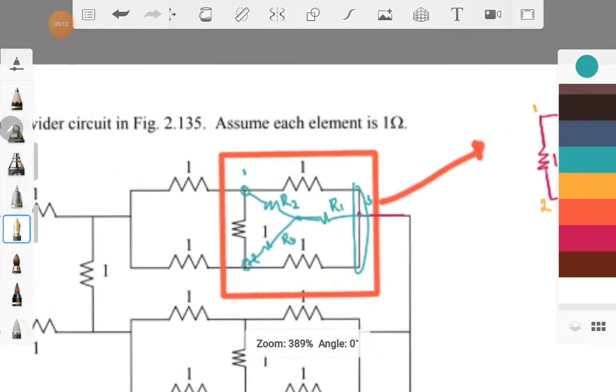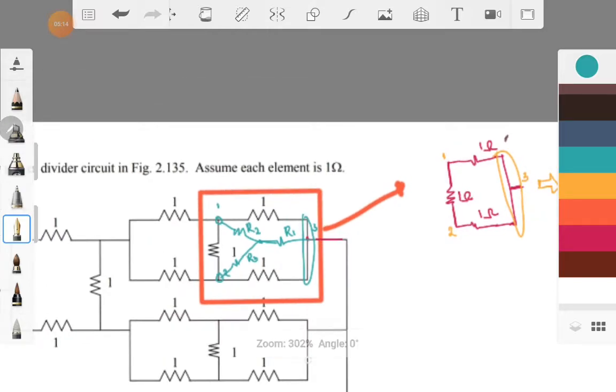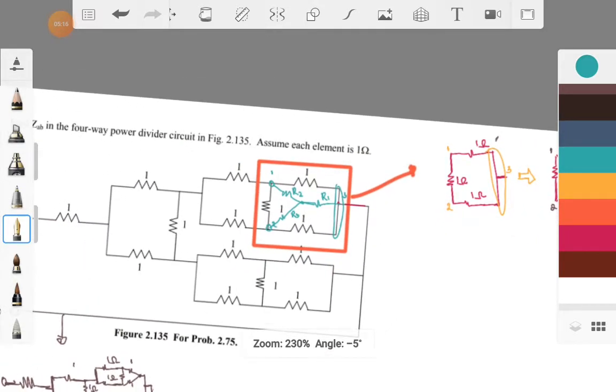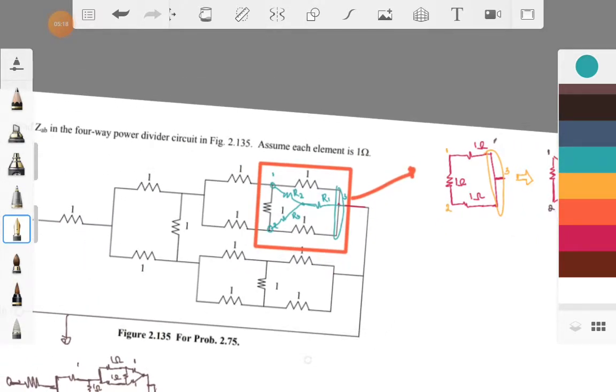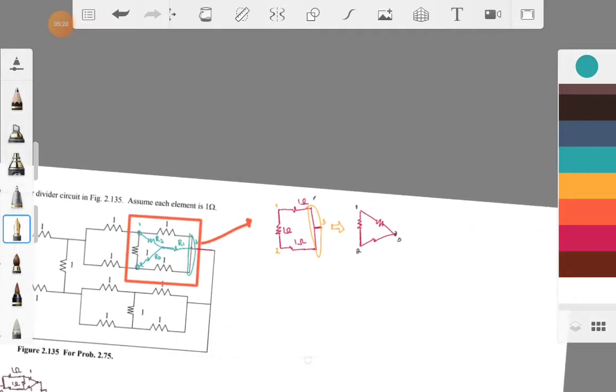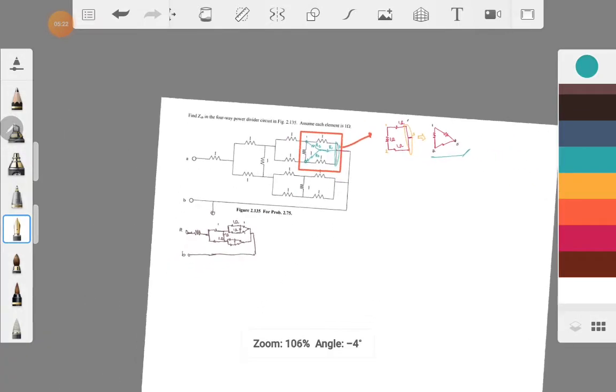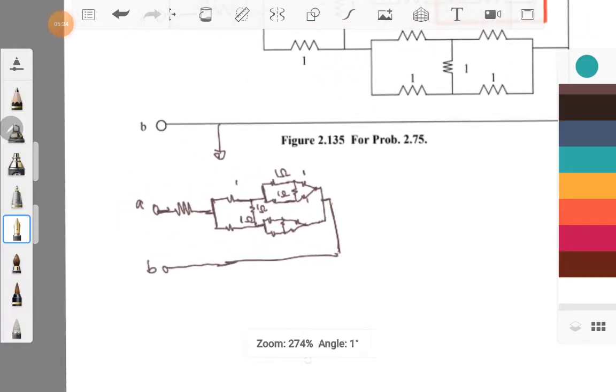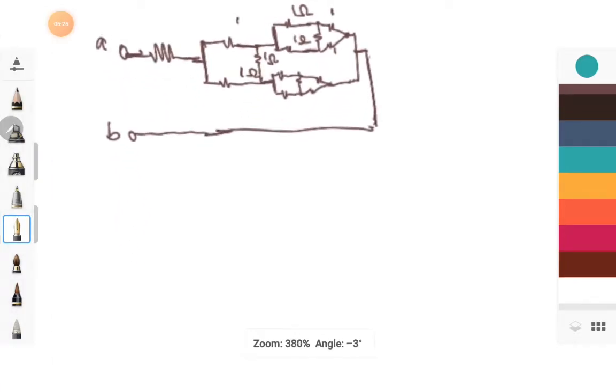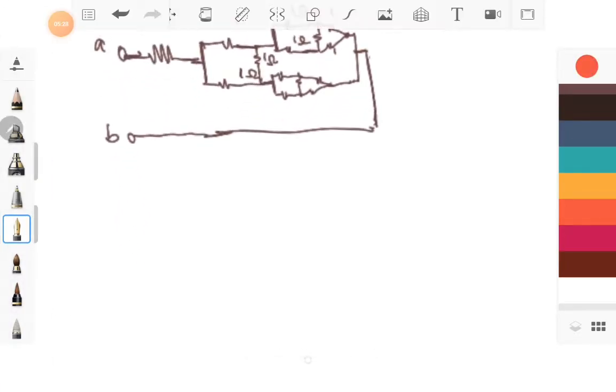Okay? So if you take the terminals of this one, let's isolate it here. Isolate it first. If you isolate it, this will be your new figure. Okay? I will draw a bigger figure in order for you to see it.